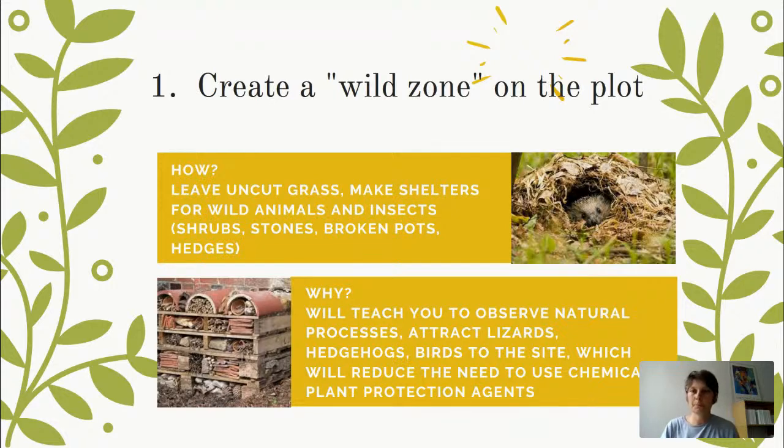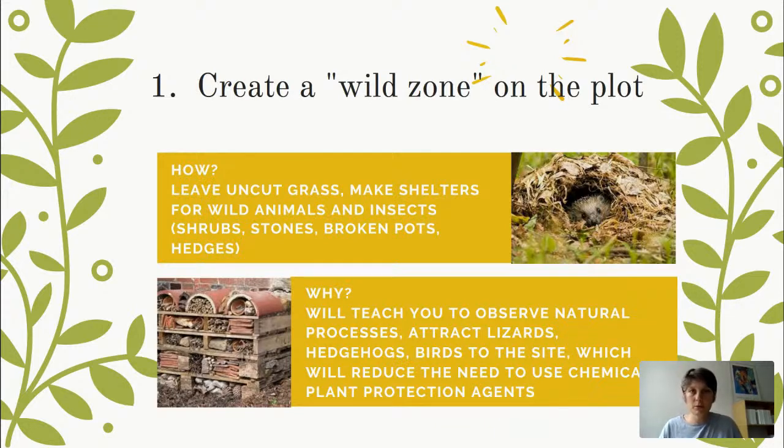How can you create them? Just create shelters for wild animals and insects. It could be shrubs, stones, broken pots, hedges, and so on, or just a pile of branches for small animals, so they can go in and live inside.